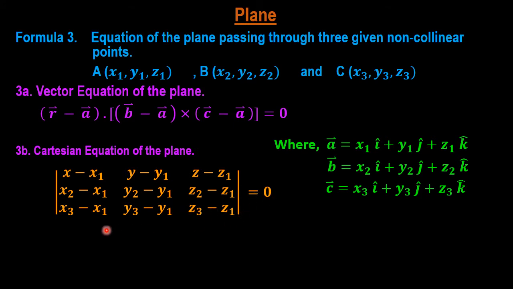So we need to solve this determinant after putting the values of x1, y1 and z1, x2, y2 and z2, x3, y3 and z3 here, in order to get the equation of the plane in the Cartesian form.